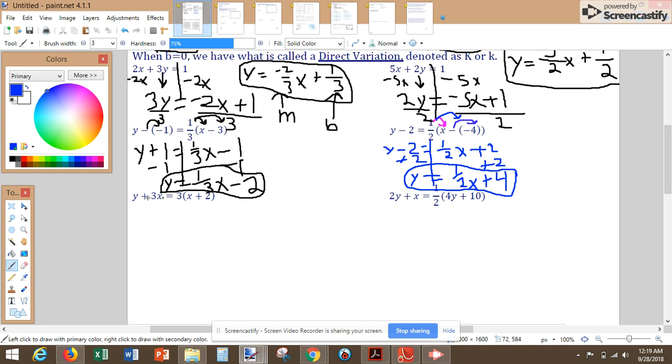Okay, on this next example, we have y plus 3x equals 3 times x plus 2. So first we distribute this 3 into both terms. Carry down the other expression on the other side of the equal sign. 3 times 1x is 3x, and 3 times +2 is a +6.